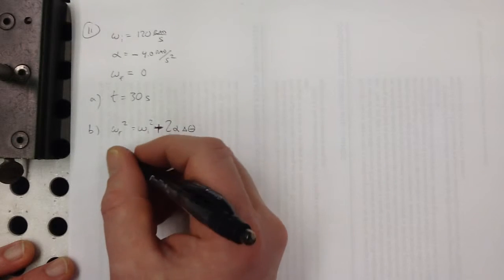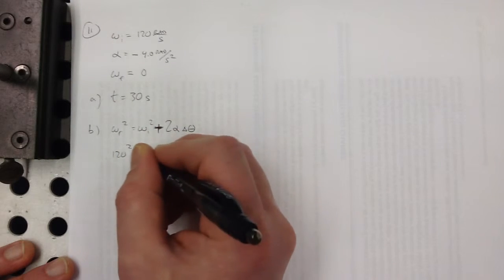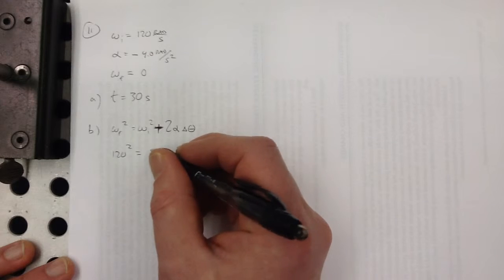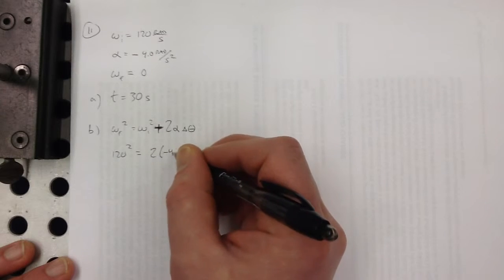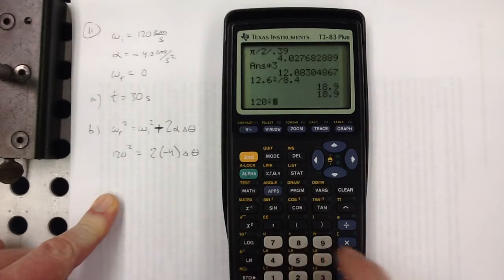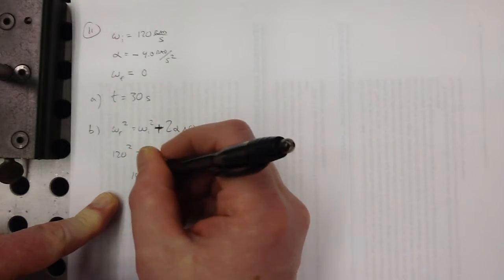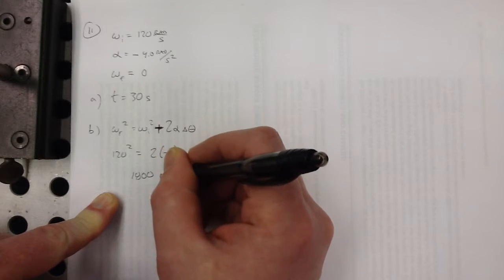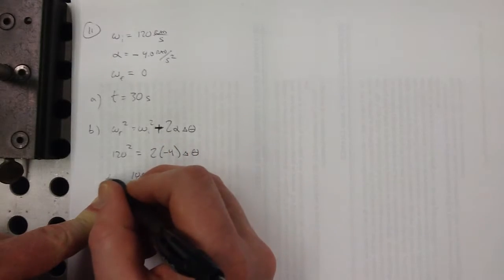So 120 squared is equal to, that's 0 plus 2 times the angular acceleration times delta theta. So 120 squared divided by 8 is 1800 radians. That's it.